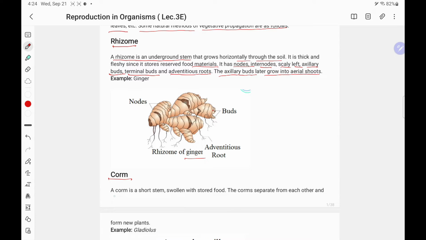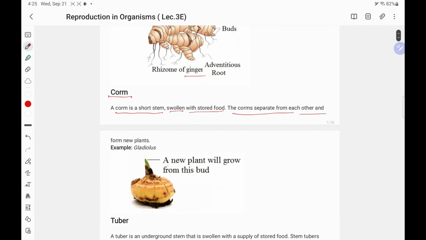Next is corm. What is a corm? A corm is a short, swollen stem, swollen due to food reserved. The corms separate from each other and form new plants.